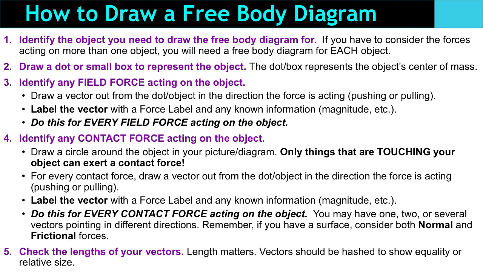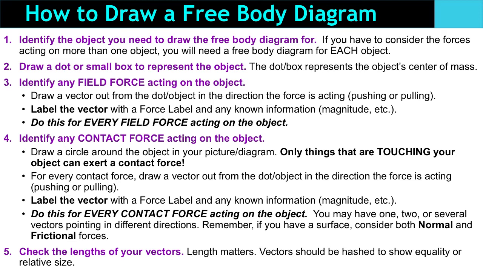If you have a picture given to you of the scenario or you've drawn one, I think it's a good idea to just draw a circle around the object, and anything touching that object may be exerting a contact force. If it's not touching it, it can't exert a contact force. And so for everything that's touching your object, you identify, is there a contact force here?